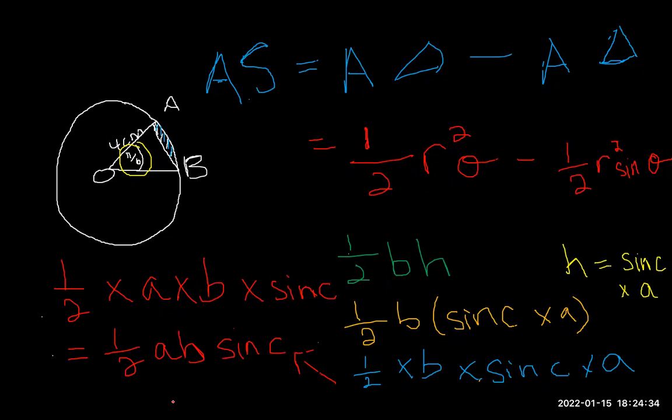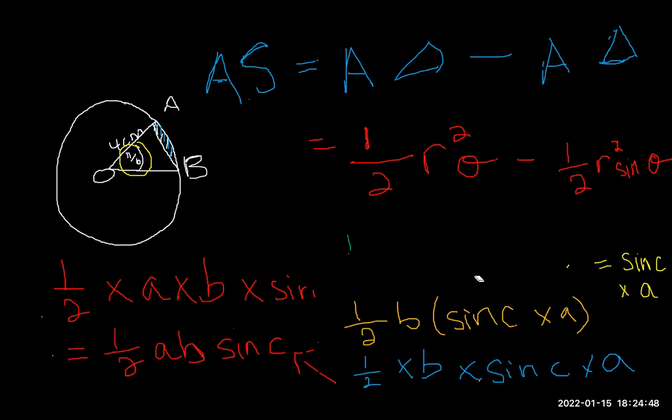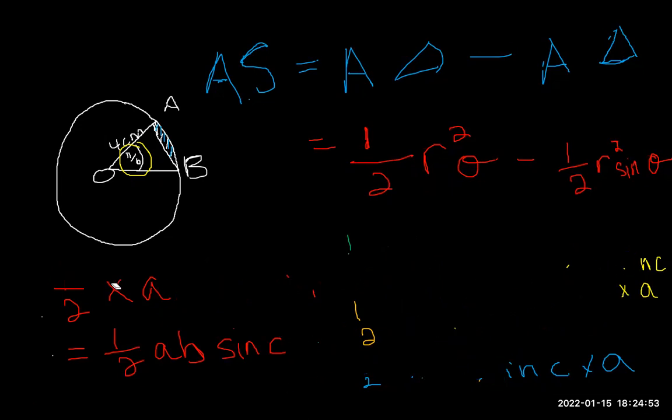Like I said, you would learn that in regular math. You're required to know this. So now you know how they got that. They don't just learn it because the teacher told you to. You know exactly how they got it. Okay, back to my question: how they got a half r squared sine theta.